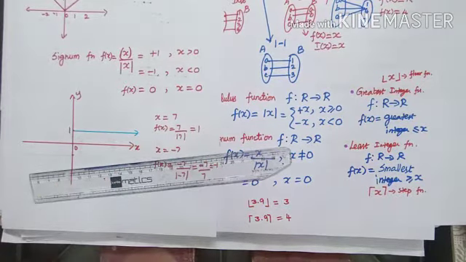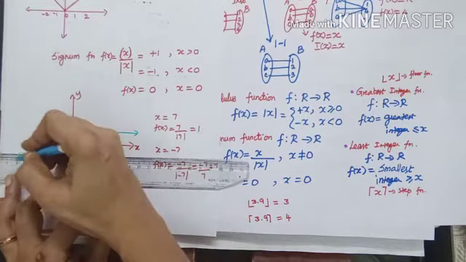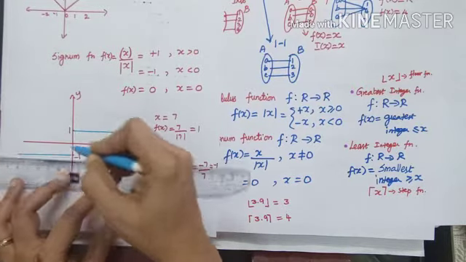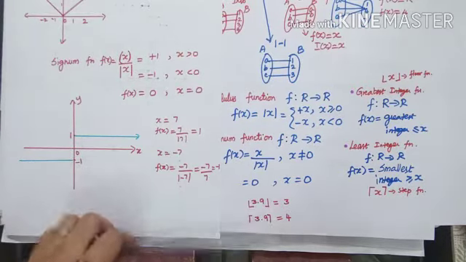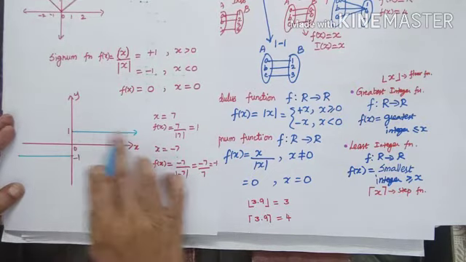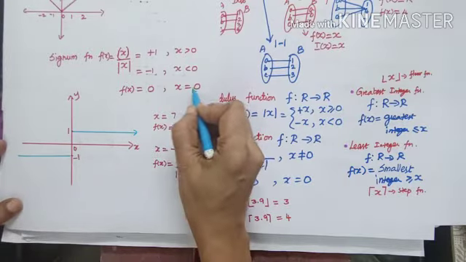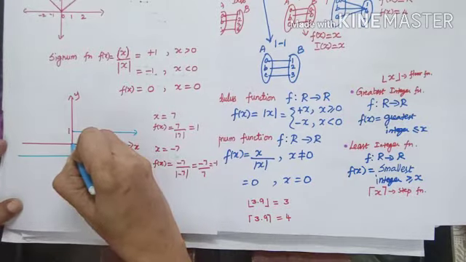For all the negative numbers, my answer is minus 1 only. Whatever the x value, 1, 2, 3, 4, anything, my answer is plus 1 if it is positive, minus 1 if it is negative. And when it is 0, my answer is 0.